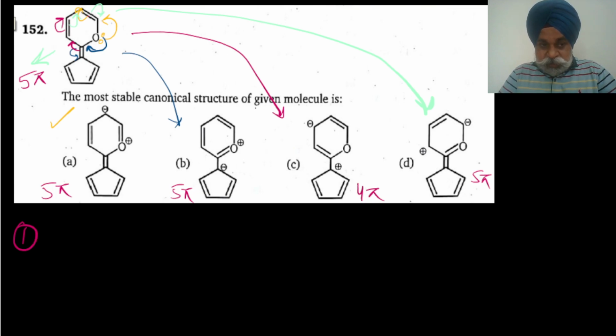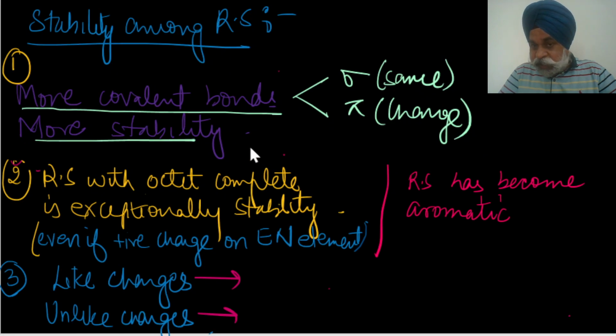That means the first point in itself is not giving me the right answer to this particular problem. Although it is quite important, if among the resonating structures the number of covalent bonds, or for that matter the number of pi bonds, becomes equal, then you have to go for the next one. Now let's see the next one.